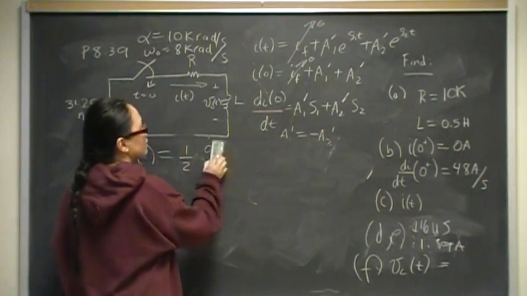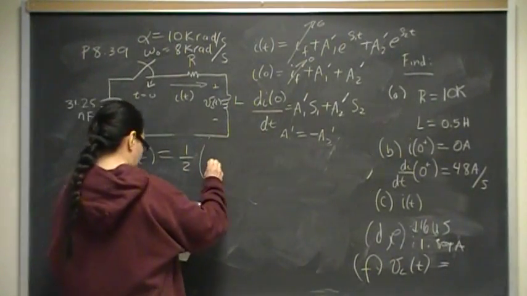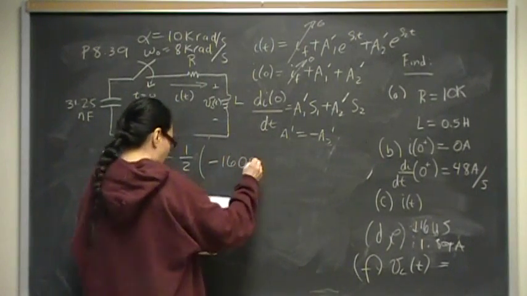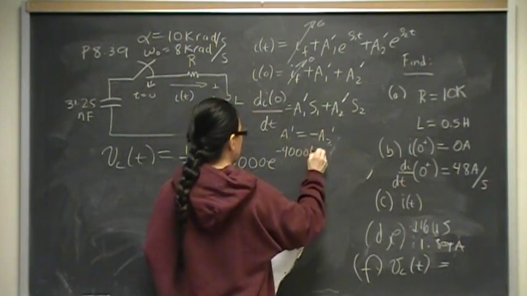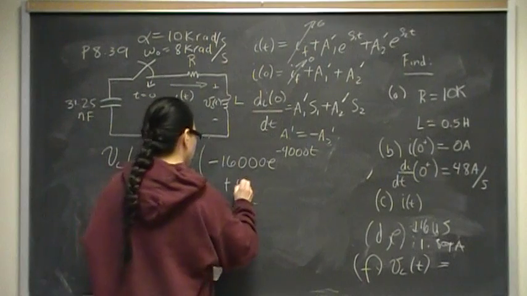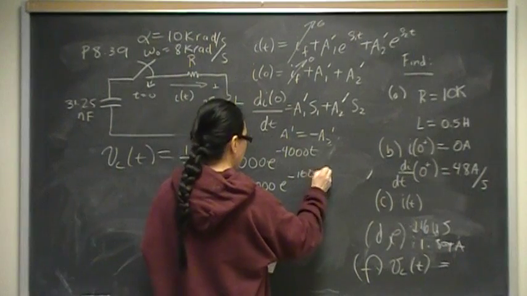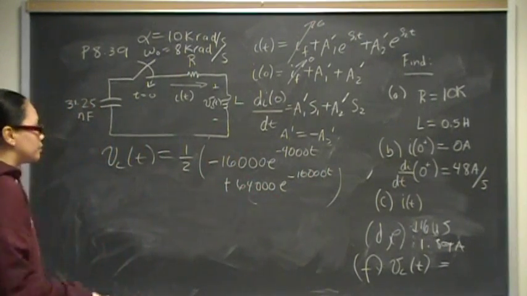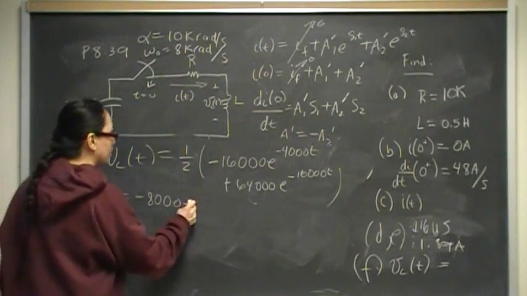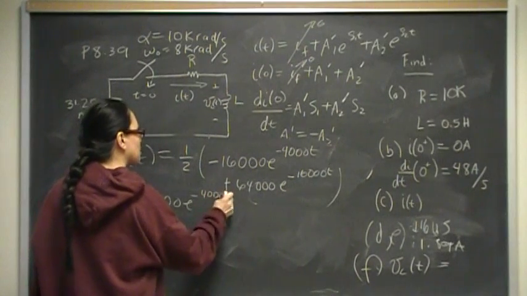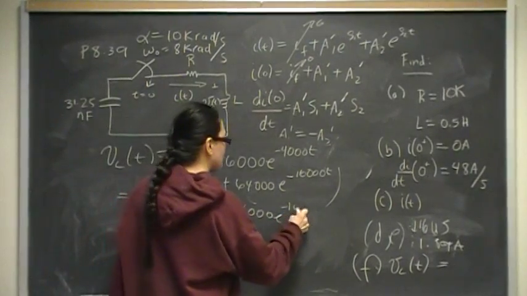You can go back in the video, but it's negative 16,000 e to the minus 4,000 t plus 64,000 e to the minus 16,000 t. It's also a very easy derivative. So that means the general equation is negative 8,000 e to the minus 4,000 t plus 64,000 e to the minus 16,000 t millivolts.